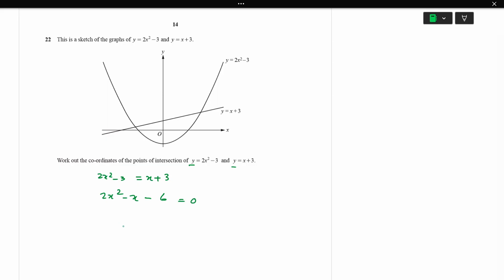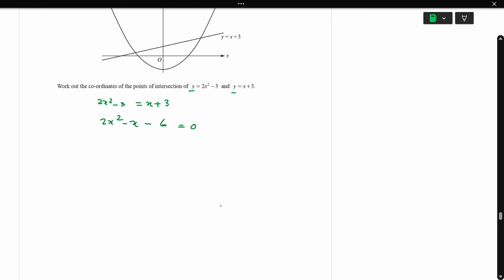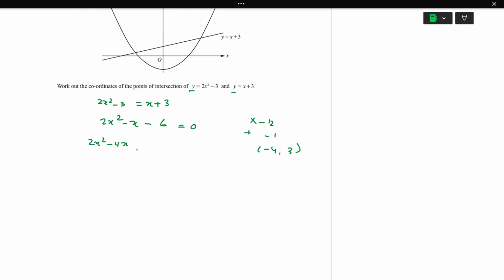Now I need to factorize. Multiplying, we have to get negative 12, and adding, we have to get negative 1, so we can choose 4 and 3, which is minus 4 and 3. So 2x squared minus 4x plus 3x minus 6 equals 0. I'll take 2x common out, 2x times x minus 2, plus 3 times x minus 2, equals 0.